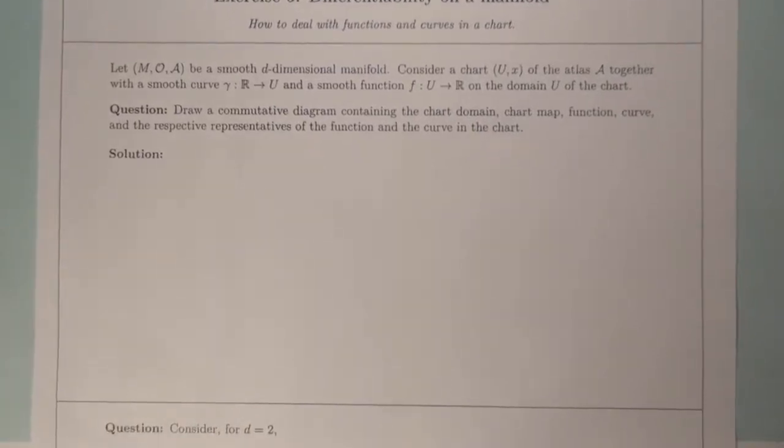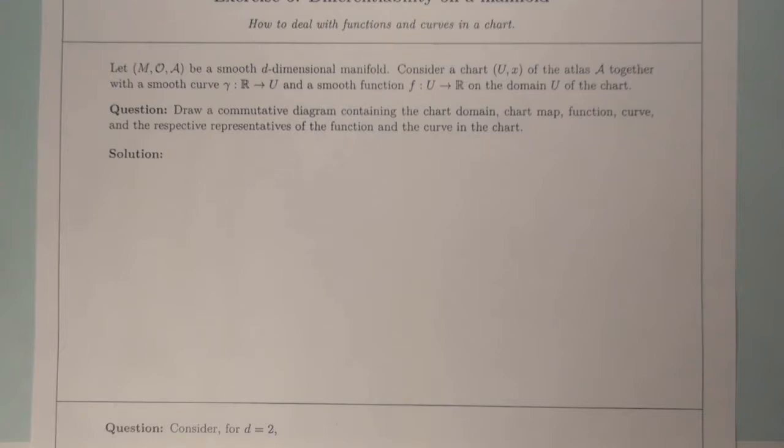We start with the smooth manifold M with atlas A, that is d-dimensional, and we have a chart U, x from the atlas A together with a smooth curve that goes from R to the chart domain, and a smooth function that goes from the chart domain to R.